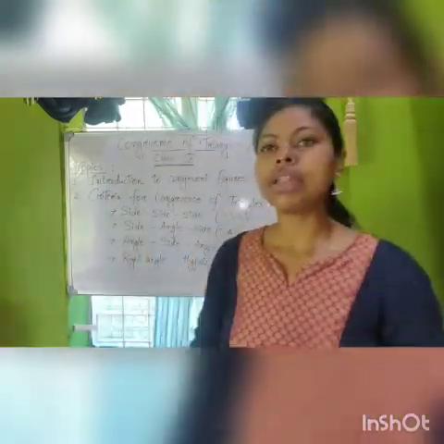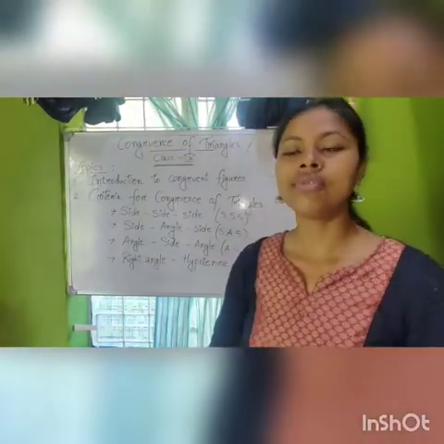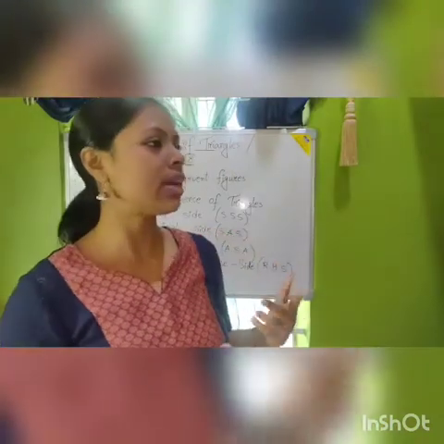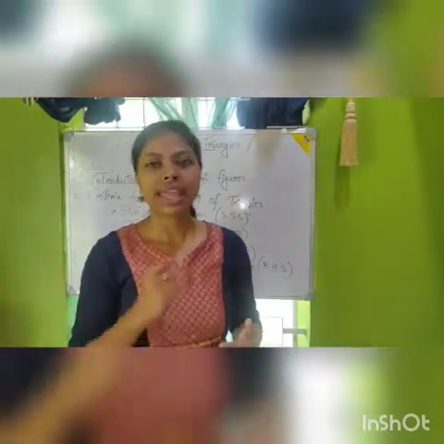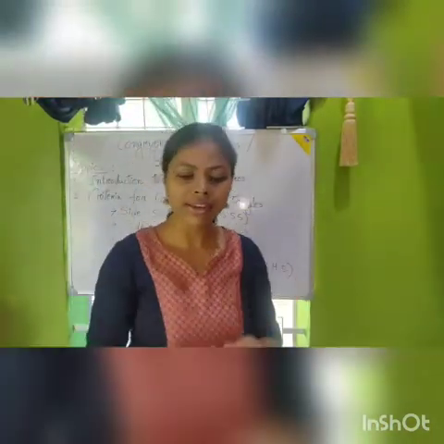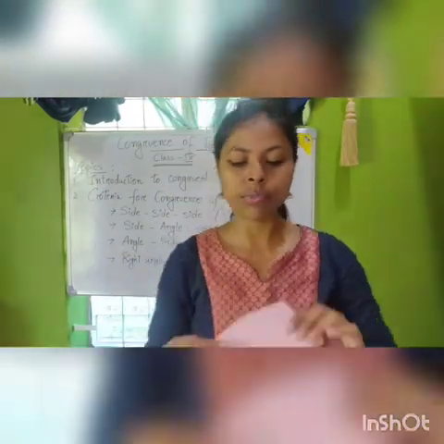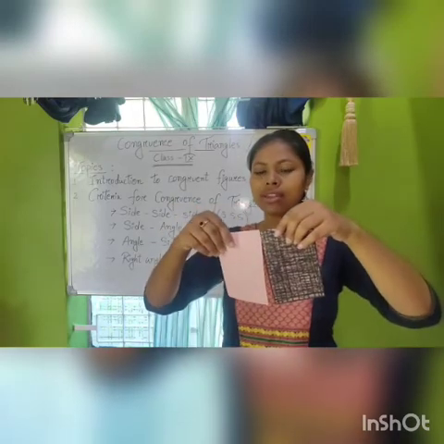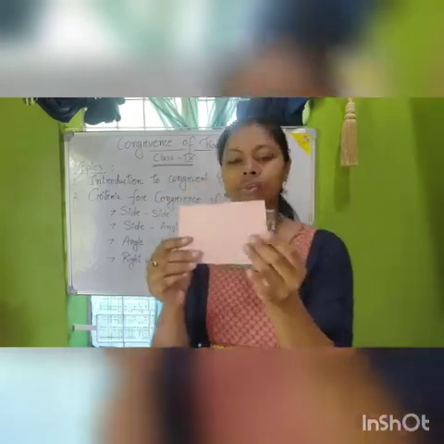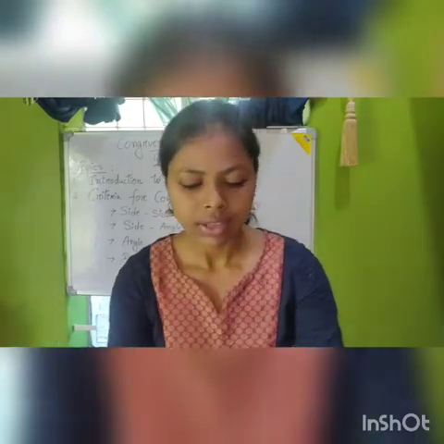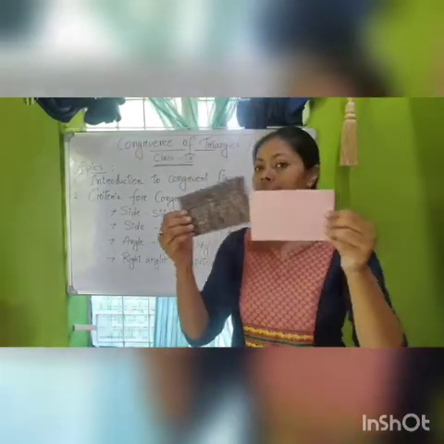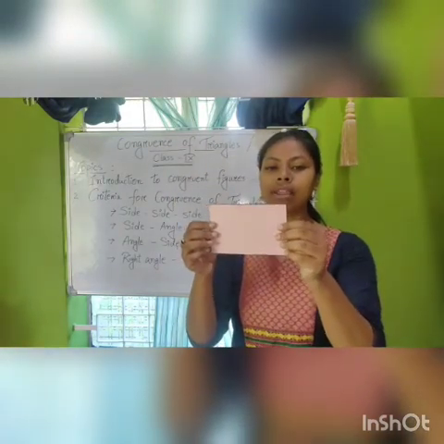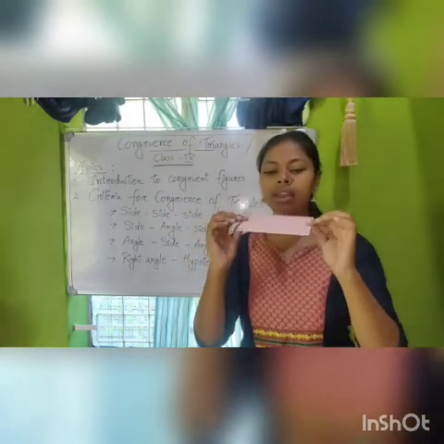Now in geometry, figures will be congruent if they have the same length. Like in the case of the two papers, they have the same length and same breadth. That means they are of equal size, or they have the same area. The area of this paper completely overlaps the area of the other paper.